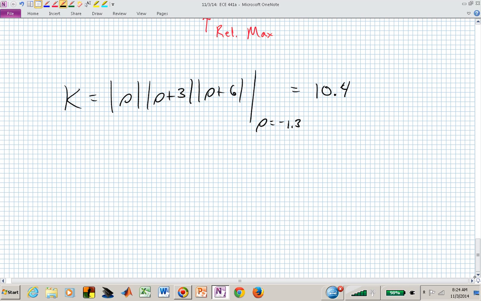Now, suppose somebody says, okay, I didn't want my poles there. I actually want one of my poles to be at s equal minus 1. Can you now find for them k to yield a closed loop pole at s equal minus 1?